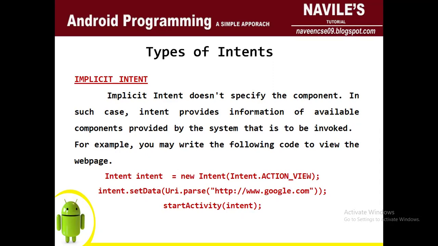If it is a URL, we need to open the browser. So the decision is taken implicitly by your application about the component which needs to be opened next. Such kind of intent is what we call an implicit intent, where the next component to be opened is decided implicitly.